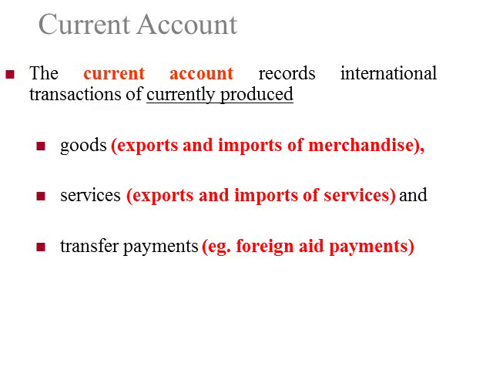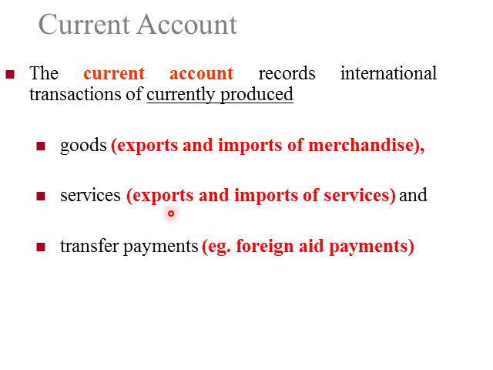The current account records international transactions of what is currently produced by the economy. So we're talking about goods, actual tangible goods like we talked about earlier, and services. Now, the net payments are actually transfer payments. We came across this term when we were studying GDP, right?